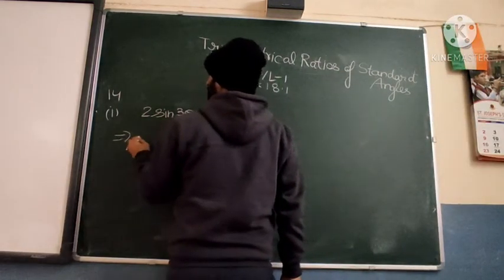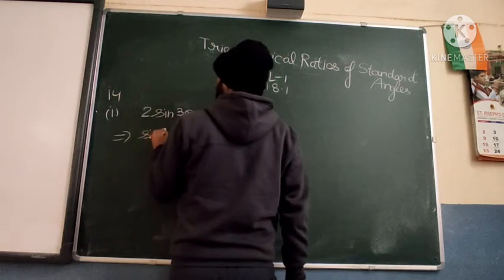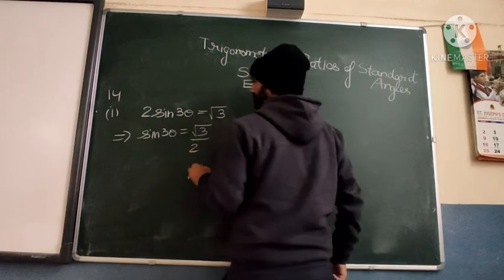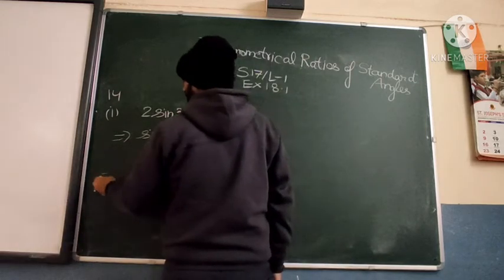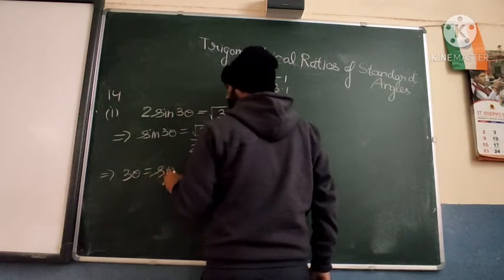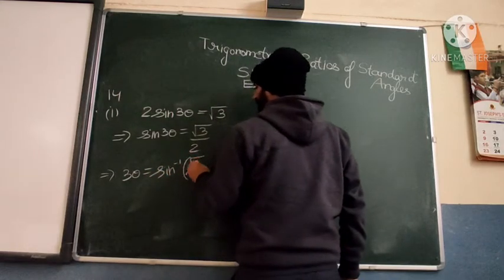Now, what is the meaning of this? So sin 3 theta is equal to root 3 by 2. This implies that 3 theta is equal to sin inverse root 3 by 2.